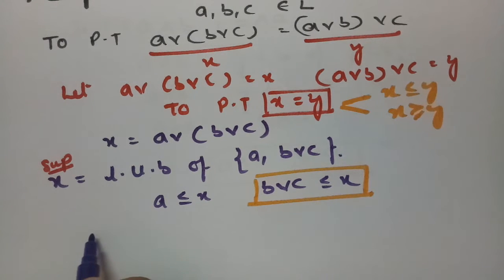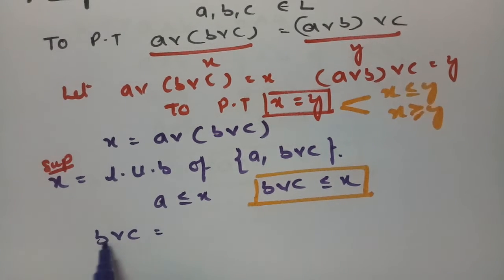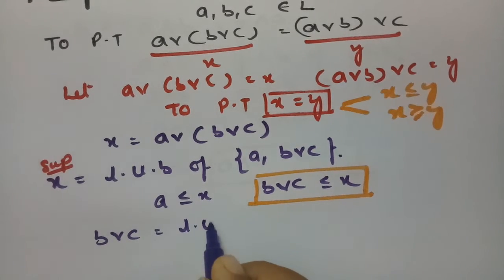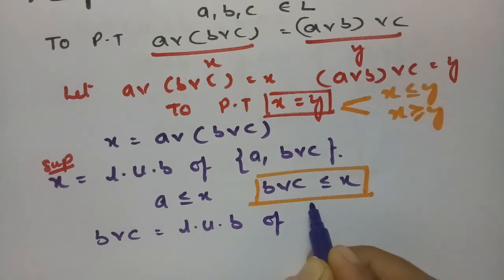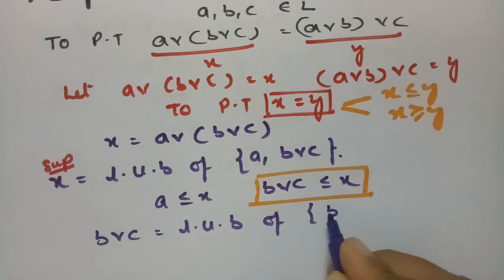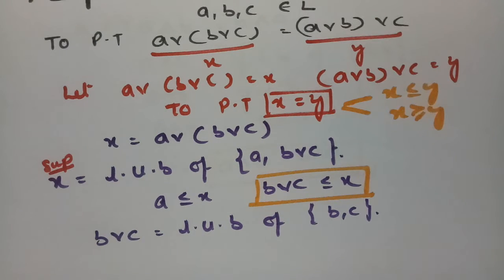And coming to B join C, this is nothing but the least upper bound of the set with elements B comma C. The least upper bound is nothing but the supremum.